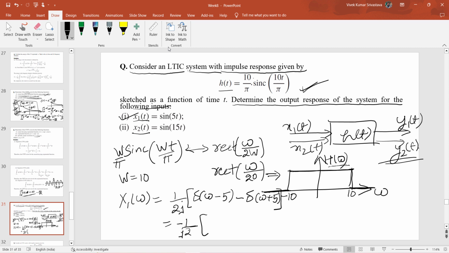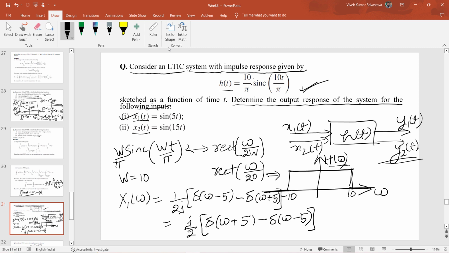From both numerator and denominator j will cancel, so the final value comes as j by 2, delta of omega plus omega naught, which is 5 here, minus delta of omega minus 5.